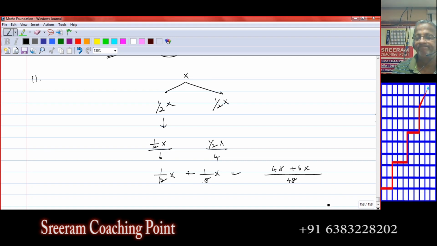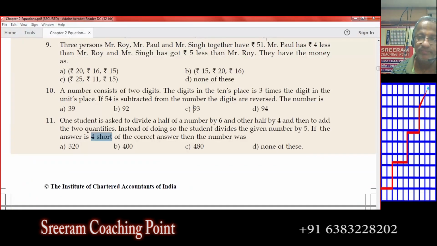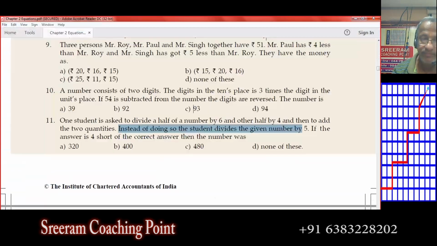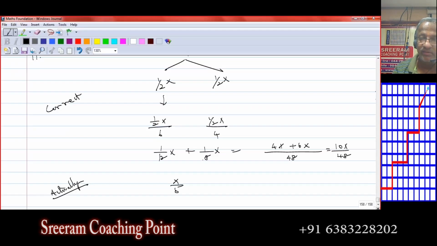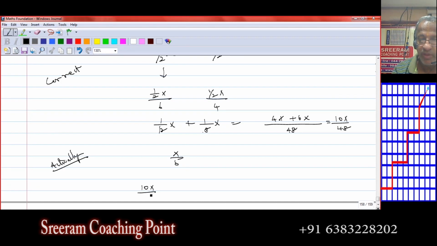Equal to 10x by 48. This is correct. What the student did, instead of doing so, the student divides the given number by 5: x by 5. If the answer is short of the correct answer, 10x by 48 minus x by 5 equal to 4.